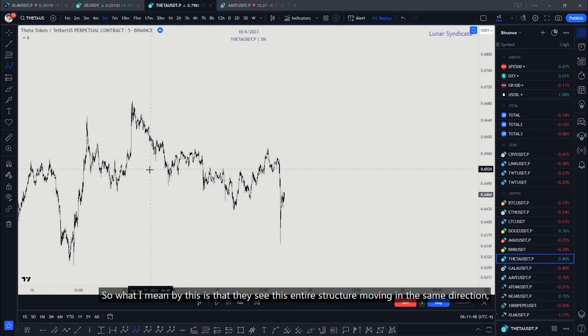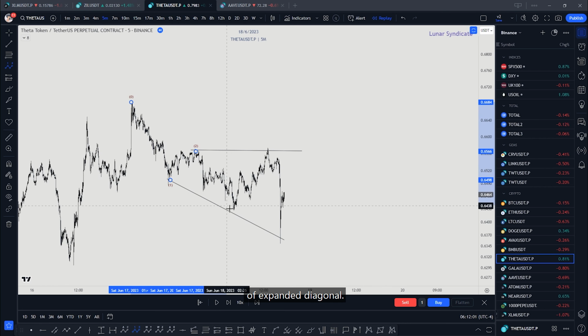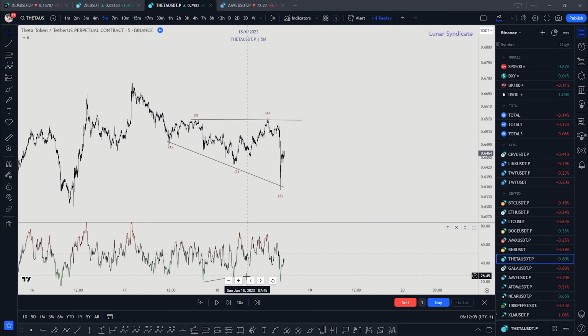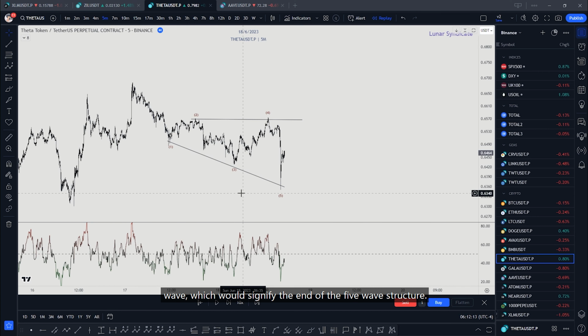What I mean by this is that they see this entire structure moving in the same direction, so they assume that, okay, it's part of the same structure, and may try to force some sort of expanded diagonal. But looking at the divergence, we want to see a divergence between the third and fifth wave, which would signify the end of the 5-wave structure.